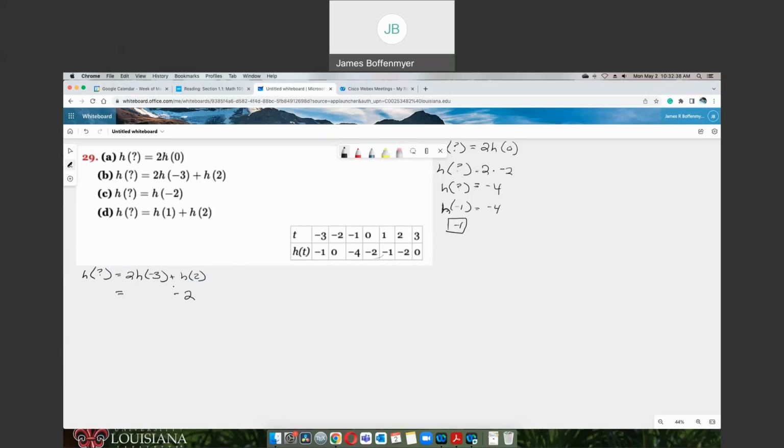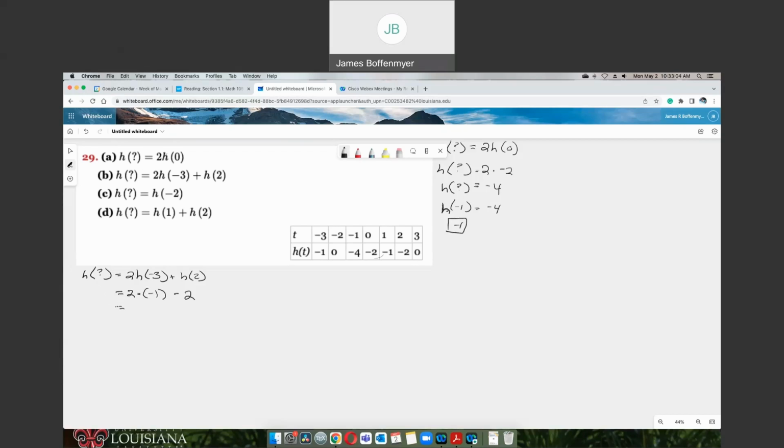Now, we're going to do the same process for the h of -3. We go to our t value, which is -3, and then we look at the corresponding h value. That would be -1. So we would have 2 times -1.